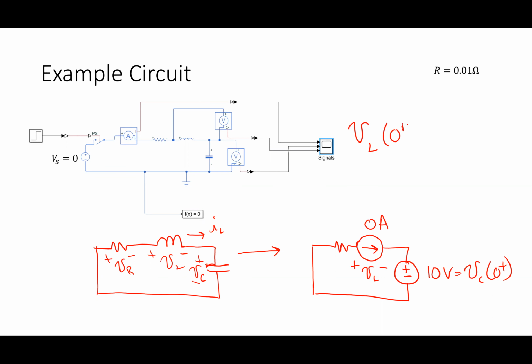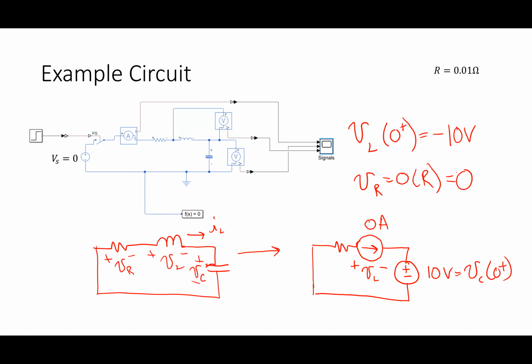Well, KVL says that the voltages around a loop are 0, and if there's 10 volts here and there's no voltage across the resistor, then there has to be -10 across the inductor. And why is there no voltage across the resistor? Because there's an open circuit, so there's no current flowing, right? So across the resistor, I have VR equals 0 times R, so I know that has to be 0. Yeah, you're totally right, okay?